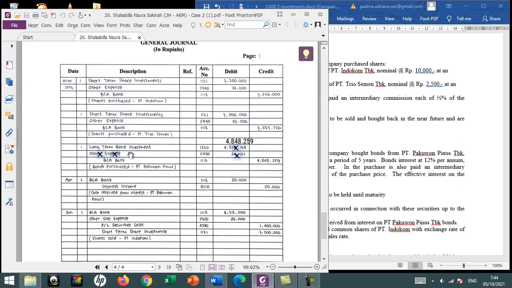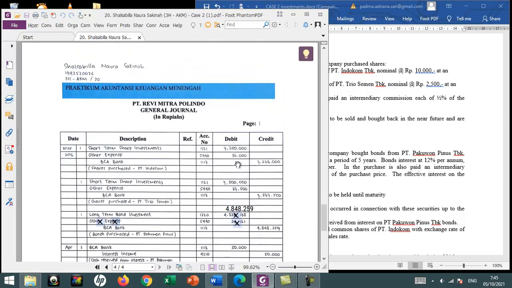Okay, so in shares we need to separate the commission fee to other expense, but not in bond investment. In bond investment you just need to add it in here. Okay, so the journal is just long-term bond investment, 4,800,000, and the credit is BCA Bank because they use BCA Bank to buy the long-term bond investment here.